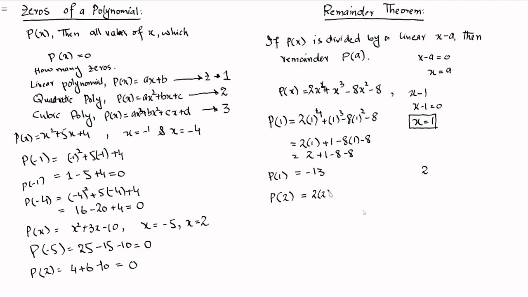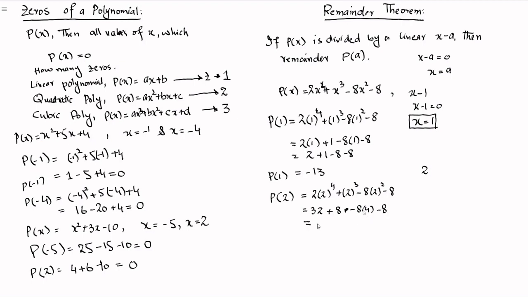2 into 2 raised to the power 4, plus 2 raised to the power 3, which is 8, minus 8 into 2 squared, minus 8. So 2 raised to the power 4 is 16. 16 multiplied with 2 is 32, plus 2 raised to the power 3 is 8, minus 8 times 2 squared, which is 4, minus 8.